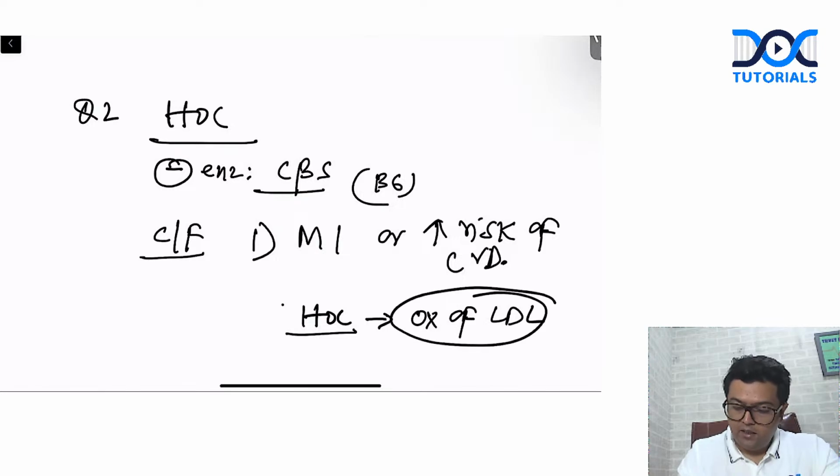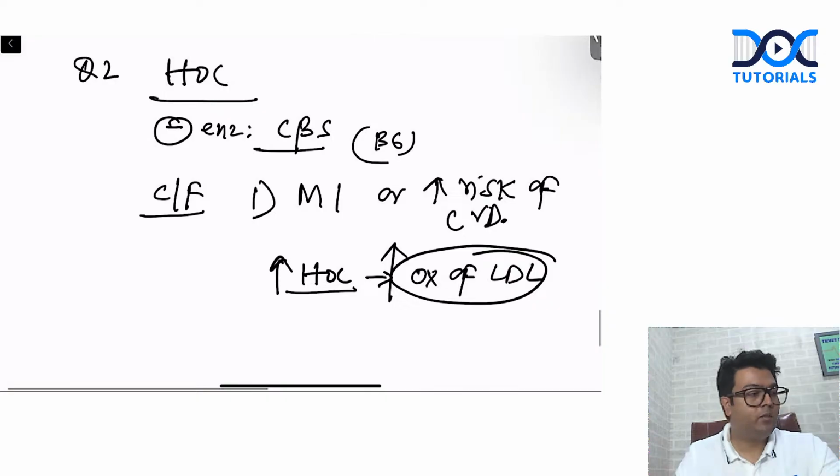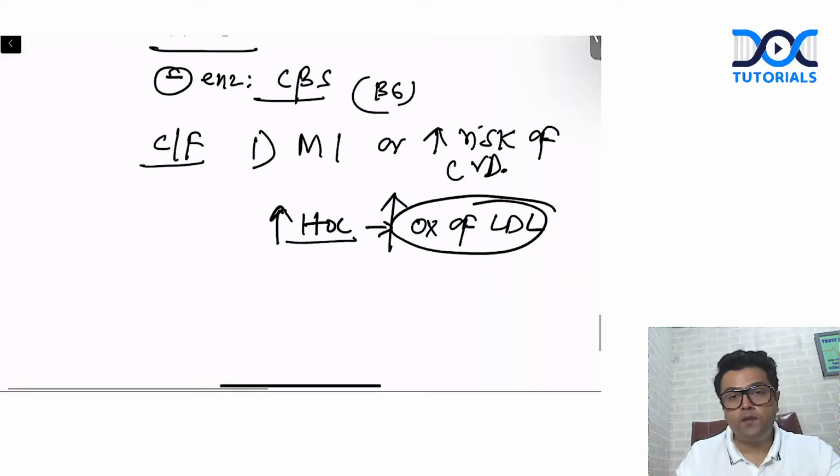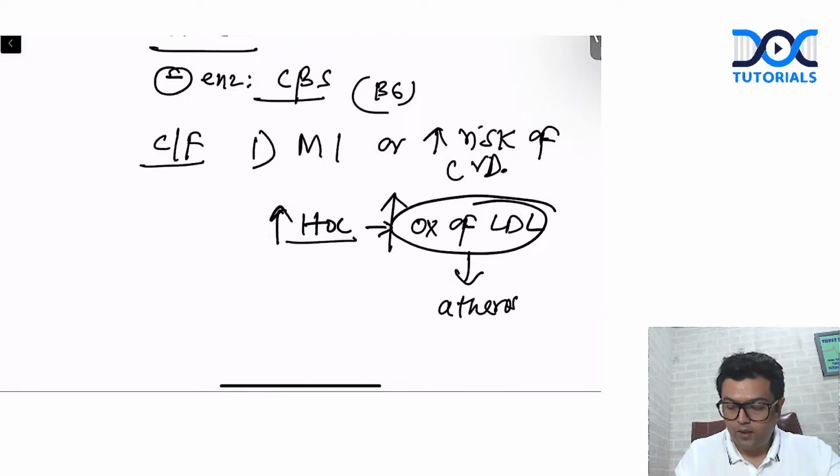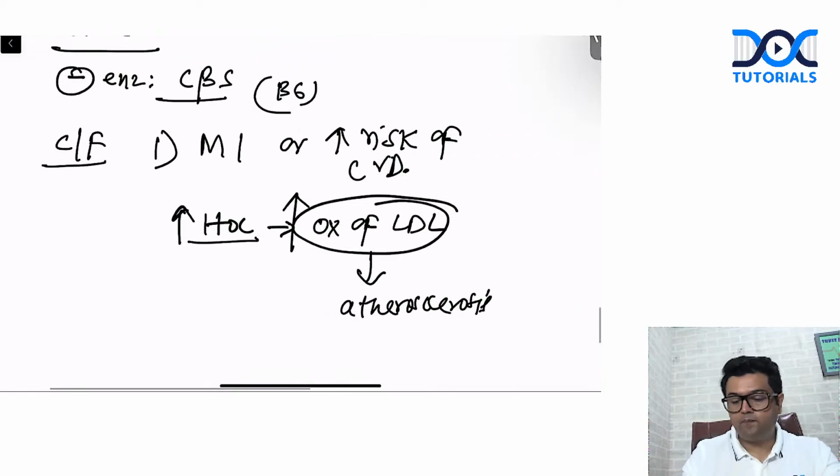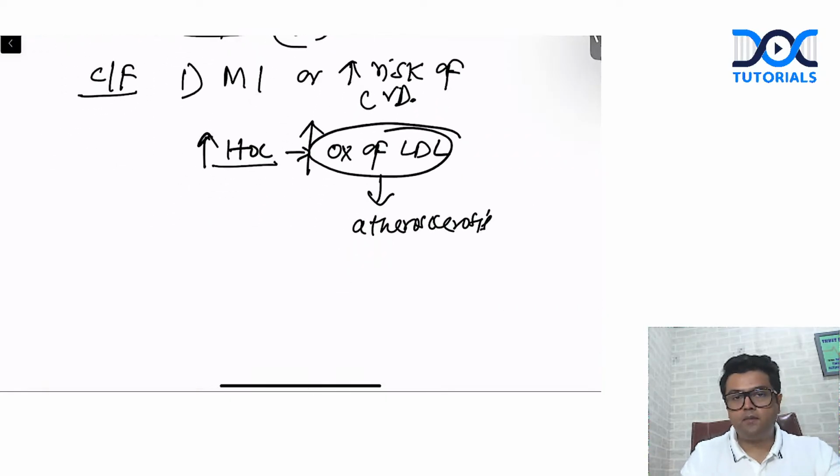So basically increased homocysteine means increased oxidized low density lipoprotein, or LDL. And this oxidized LDL is taken up by macrophages and they are converted into foam cells. So guys, that is causing atherosclerosis. At your level, at least you should know this. So that is the MI.